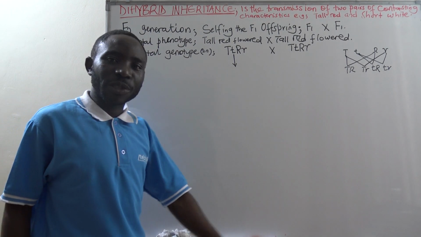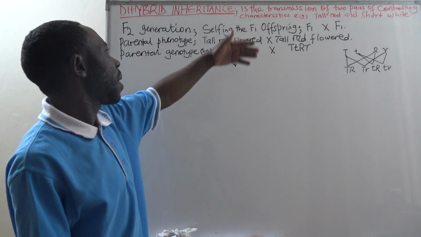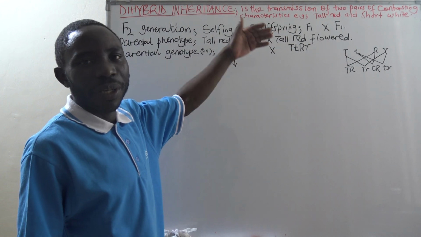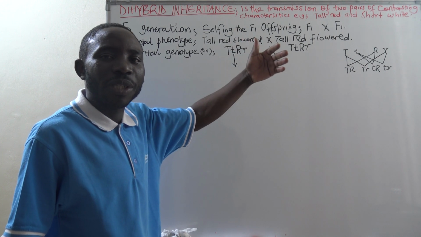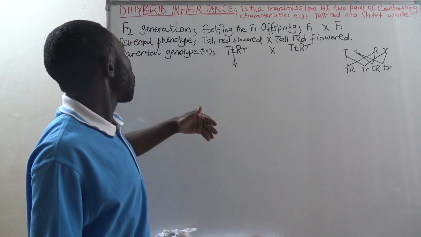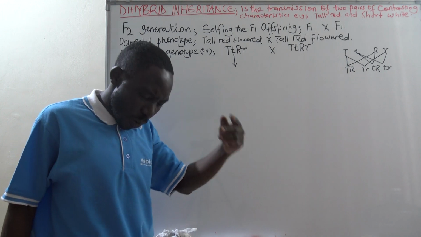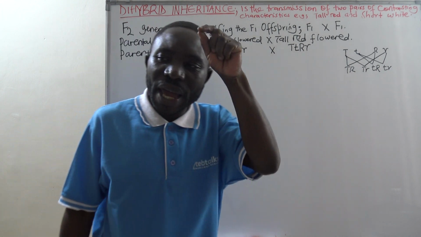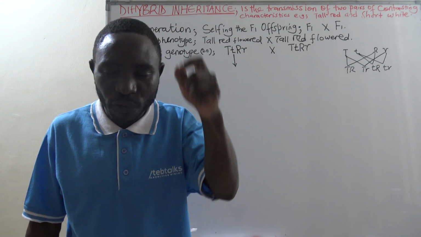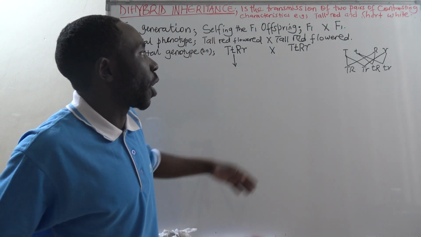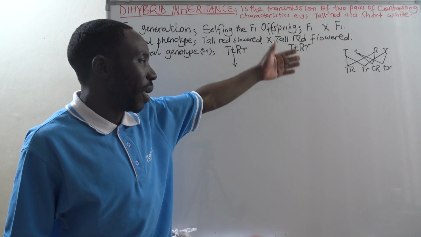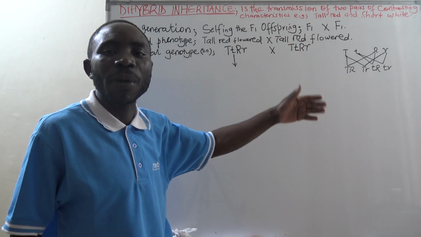So, dear scholars, previously we have been handling the dihybrid cross, and it is what we are still moving with. Last time we dealt with the F1 generation of the dihybrid cross, where we crossed a tall red flowered plant with a short white flowered plant.